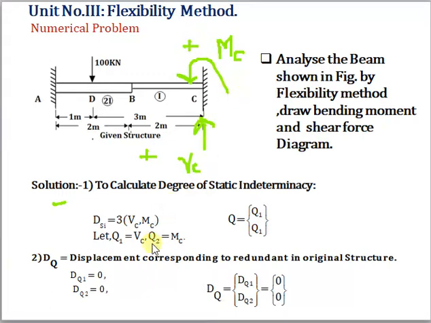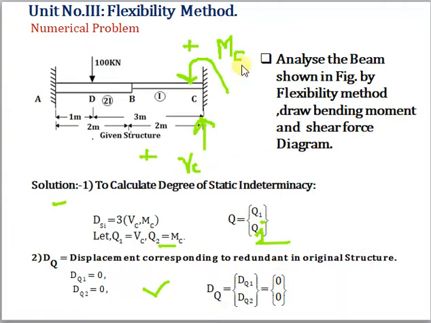So these are our degrees of static indeterminacy or redundant forces, which we call Q1 and Q2, and the corresponding displacements in the original structure.